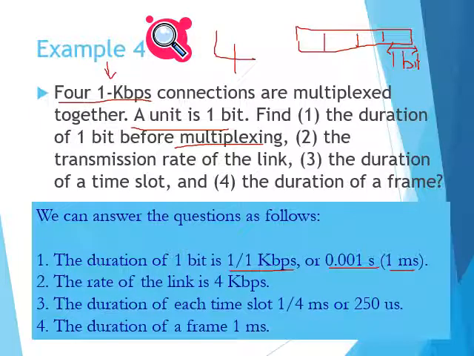The rate of the link. So we have the rate of the transmission link, as we have 4 signals to be multiplexed, so it is equal to 4 kilobit per second. The duration of each time slot. So what is the duration of each time slot?